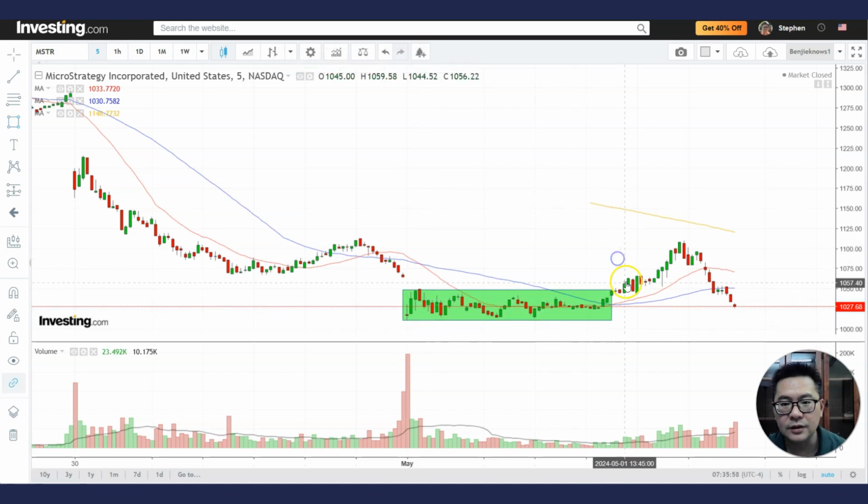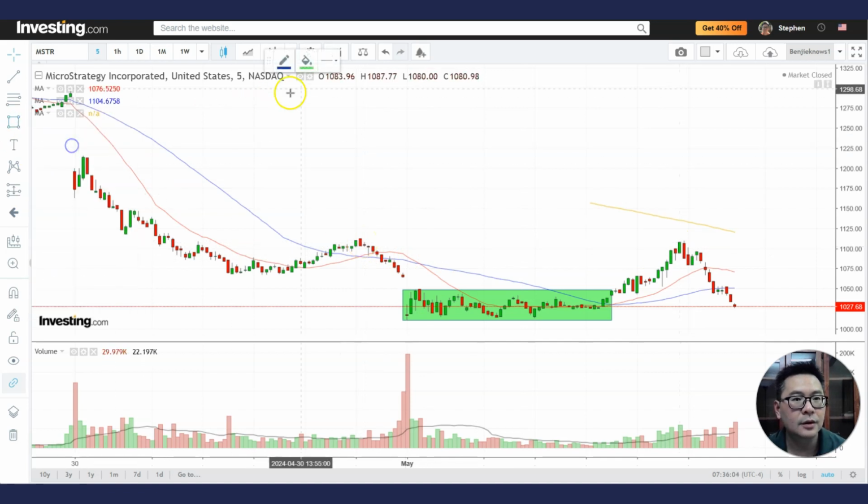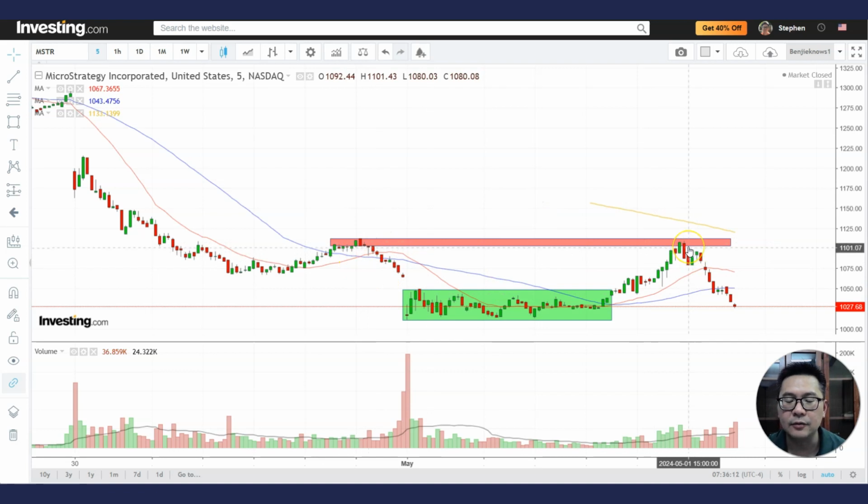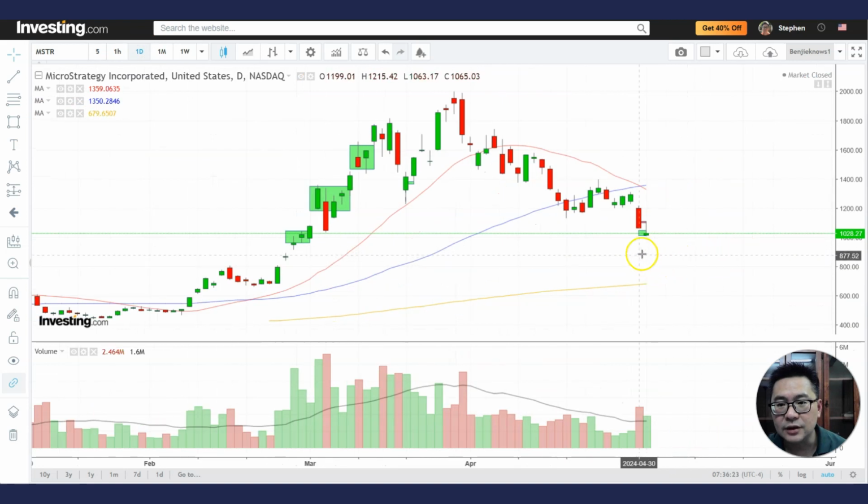And then it broke out of this consolidation, and then it met a supply area, which is the resistance. So sometimes you need to be careful toward the end of the day as the stock hits a prior high area, supply will come, and then it declined. So this action of it breaking out and moving back down forms the topping tail in the daily chart, which you can see here.